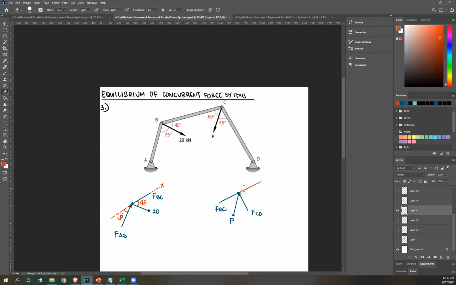Okay, again, x-axis. And then this is what we need, these two. Again, let me just fix my drawings. P. This is P.